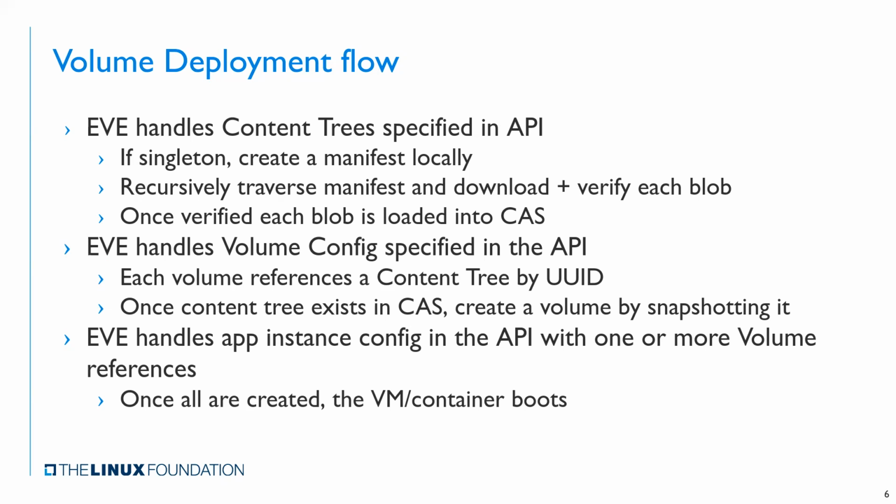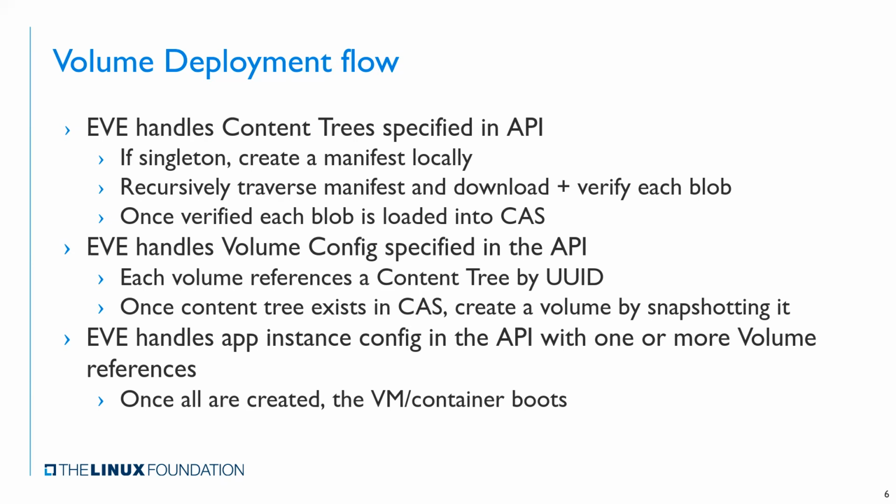And otherwise, it recursively traverses the manifest and downloads and verifies each blob, each layer in this tree. And once they become verified, this thing is loaded into the content addressable storage, which is implemented using Containerd.